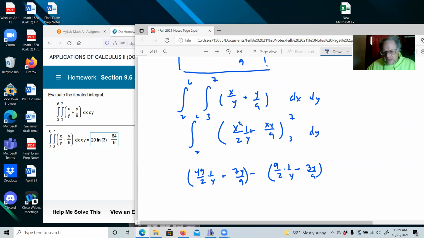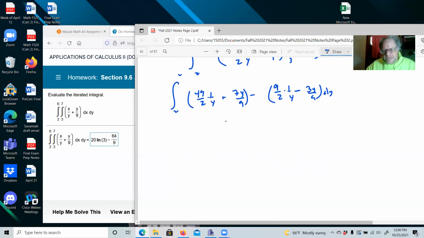And we're still integrating with respect to y, 2 and 6. So we have a dy here. Shouldn't really be an issue. So we have 49 over 2 times 1 over y plus 7y over 9 minus 9 halves times 1 over y minus a minus, so plus 3y over 9.